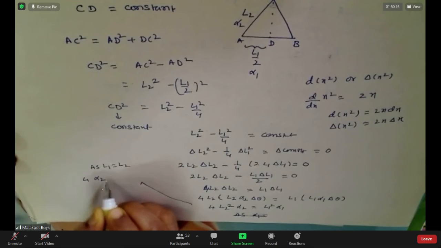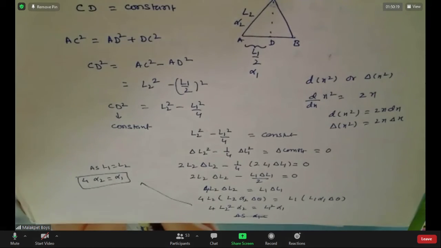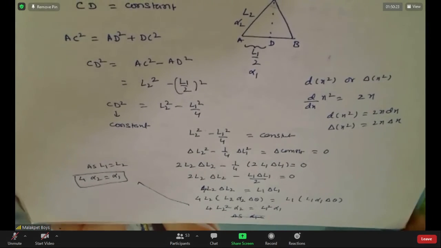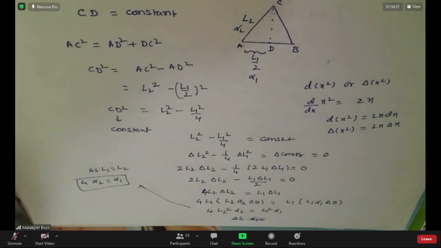Alpha 2 equals alpha 1. That is what is asked. Followed this?